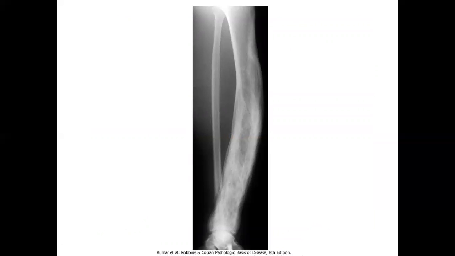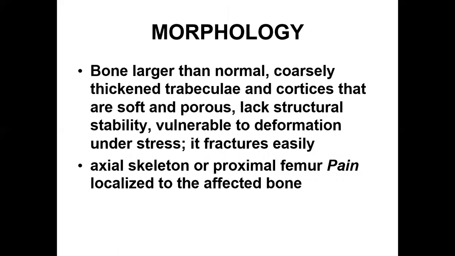So this X-ray shows bowing of the anterior leg. Morphology: the bone is larger than normal, but has coarsely thickened trabeculae and cortices that are soft and porous.